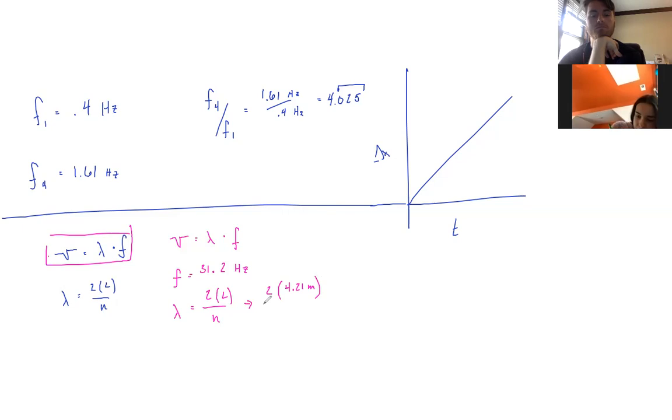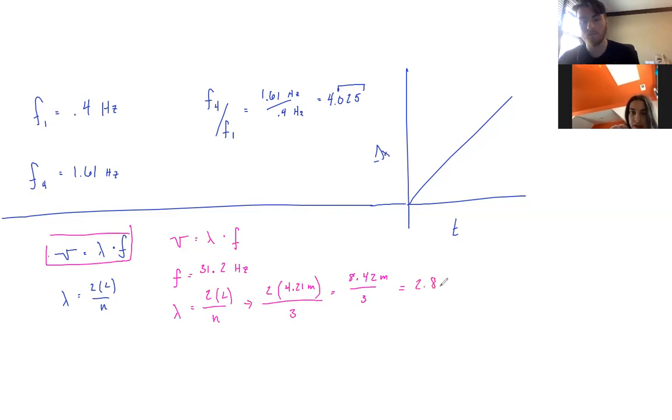And then what's your answer? 8.42. Perfect. What's your harmonic? 3, the third one. Awesome. So 8.42 meters divided by 3, still keeping those 3 sig figs. 2.81. Yep, perfect.